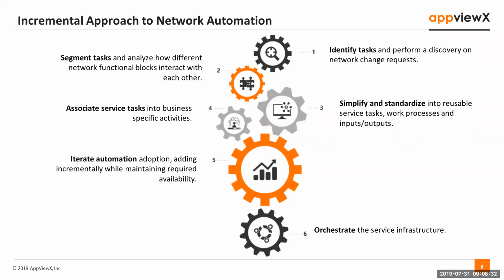Run a simple report, starting with the number of change requests that have been completed, and then order them by frequency, looking at those that are the most frequent. If that's DDI type tasks like IP address management registrations, then maybe start there with automating the IP address management registry processes, DDI, IPAM, just as an example.